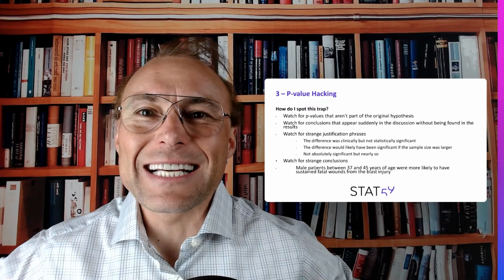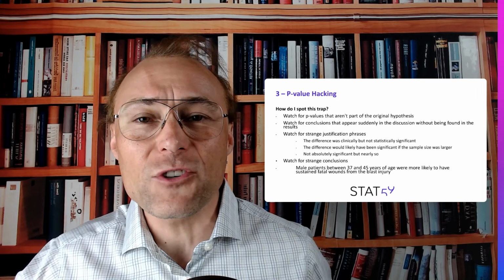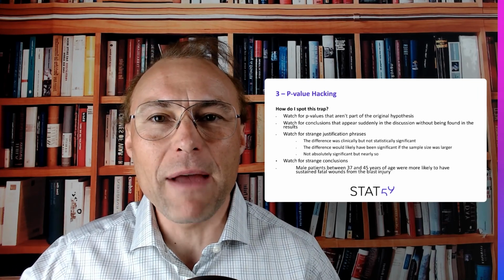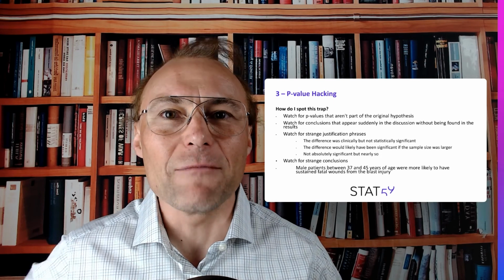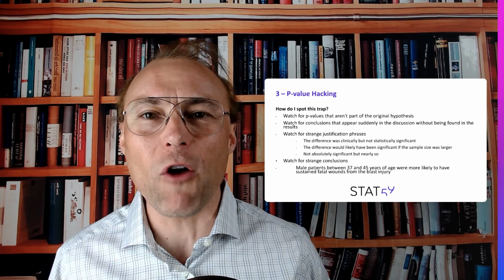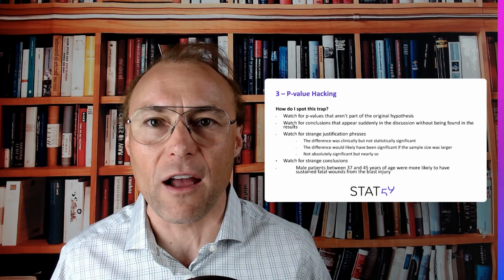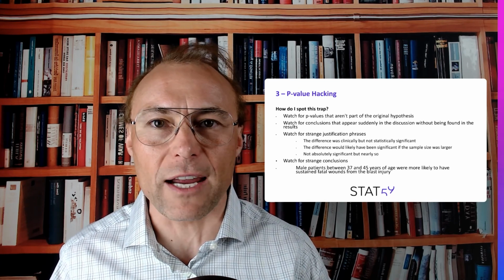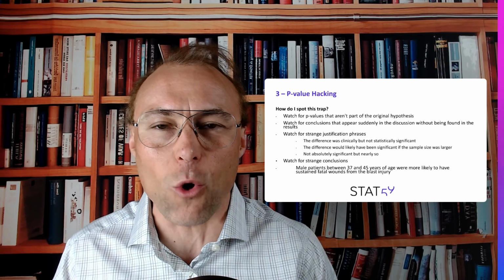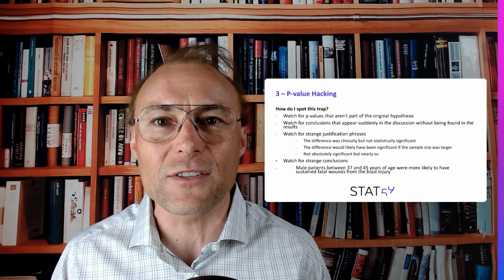Now, p-value hacking is a very interesting thing. When I first started in statistics, the ability to do multiple statistical tests was really hard. We were hacking these things together using software, such as writing it in BASIC or trying to use Lotus or Excel to make the calculations.